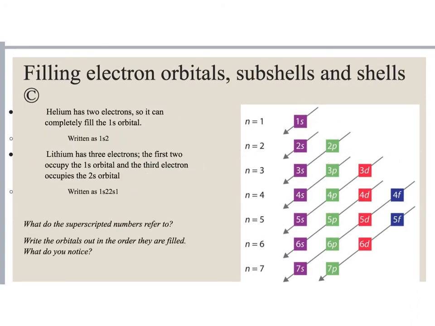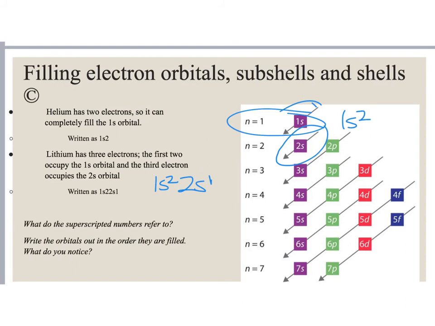Moving on from hydrogen, which had 1 electron, we then go to helium. It's still in period 1, so it has 1 shell, but because it's got 1 extra electron, we get 2 electrons in that s orbital, so it becomes 1s2. Lithium, on the other hand, has 3 electrons, so we go 1s2, then the next one is on the diagonal, 2s, and I'm going to put 1 electron in there. So what do these refer to?